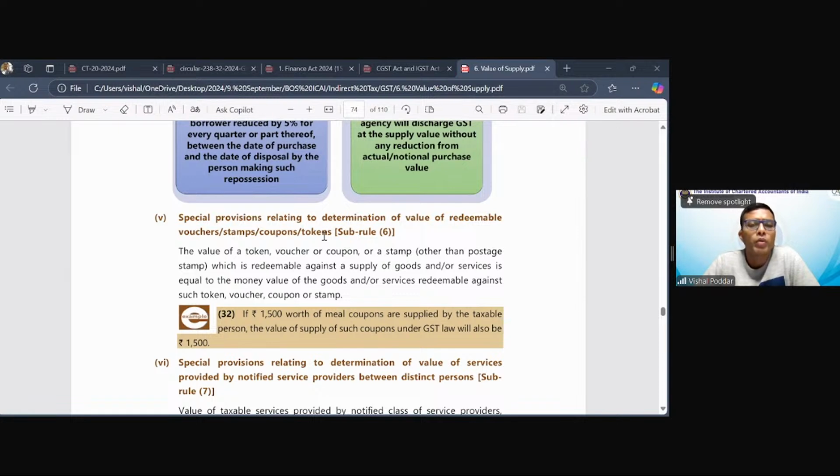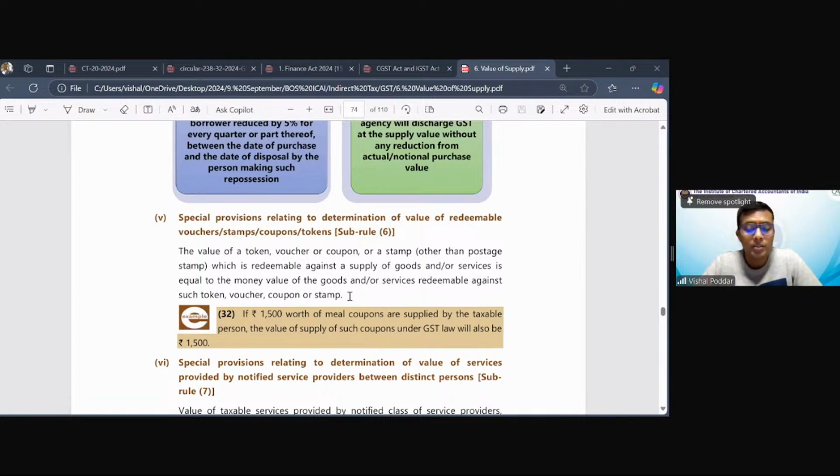These coupon vouchers help you make payment of your considerations. The value of a token, voucher, coupon or stamp other than a postage stamp which is redeemable against supply of goods or service is equal to the money value of the goods or the services redeemable against the token, voucher, coupon or stamp.